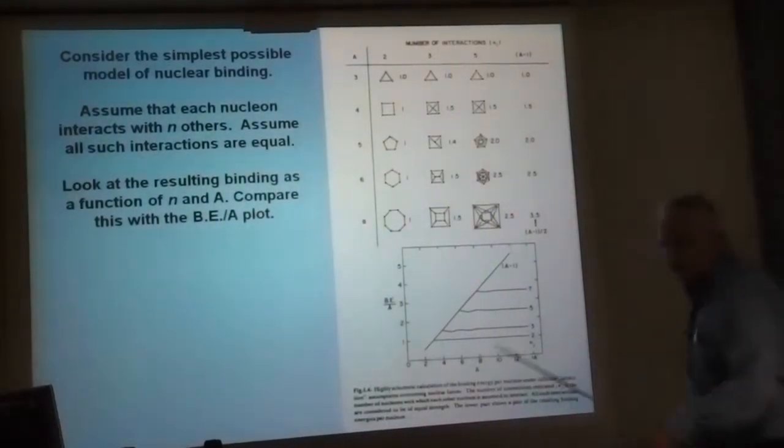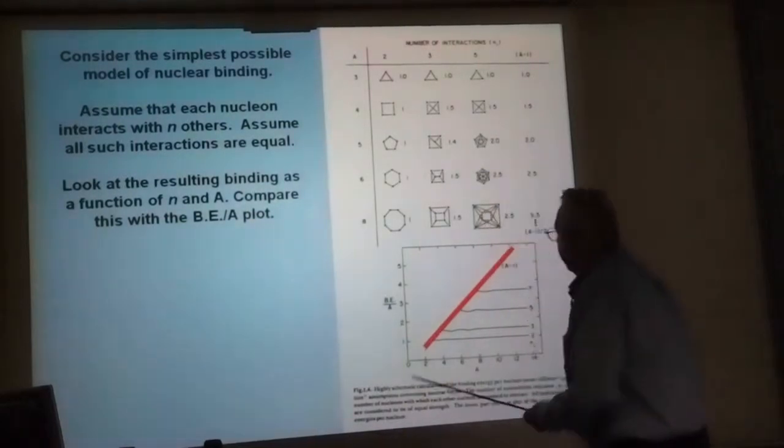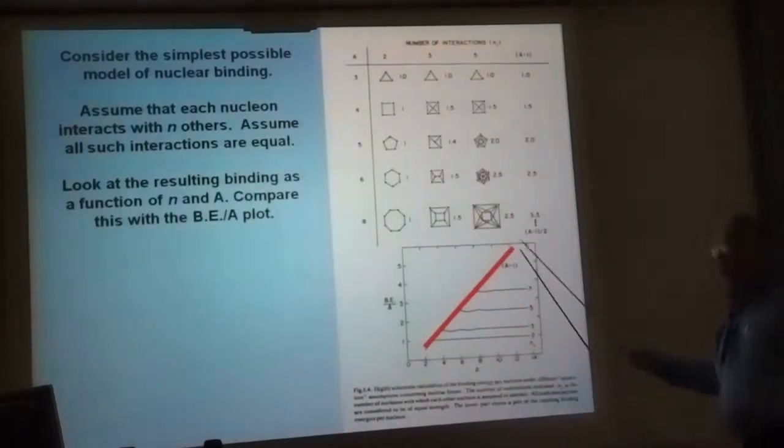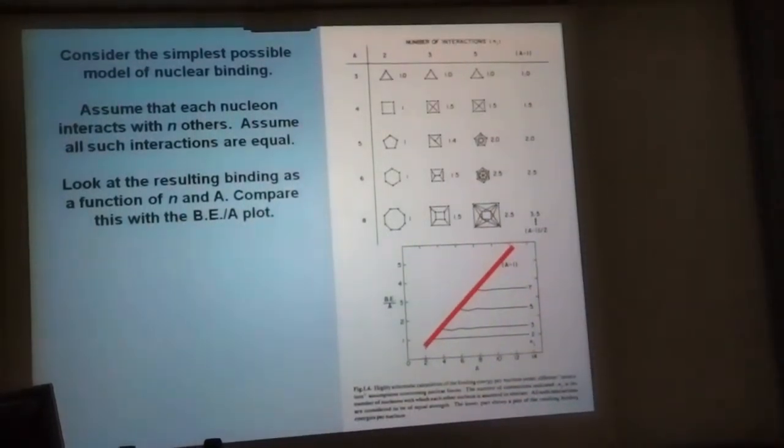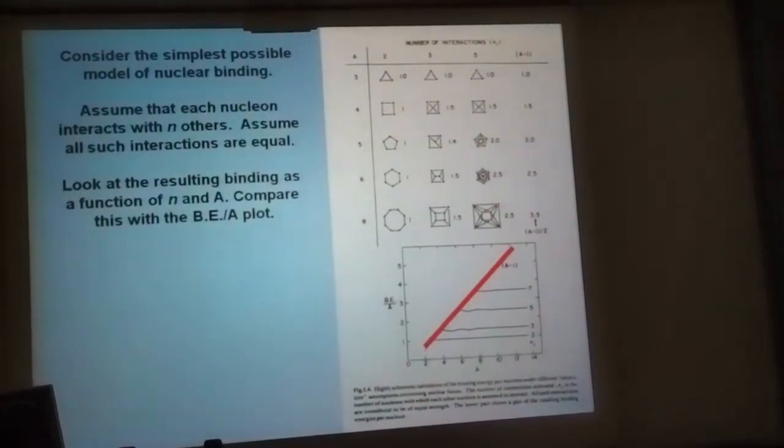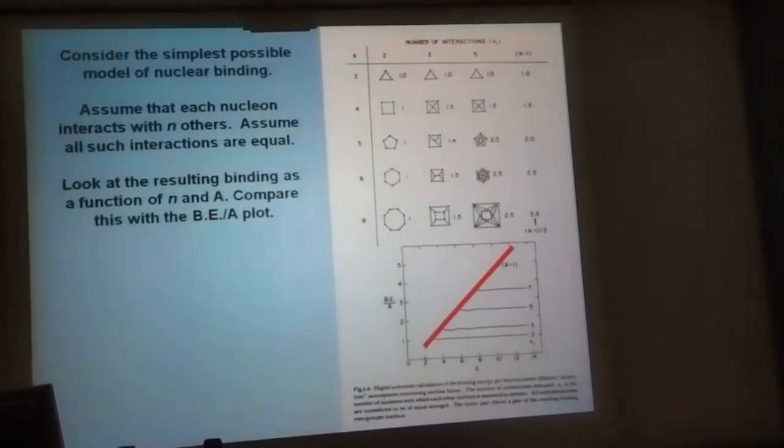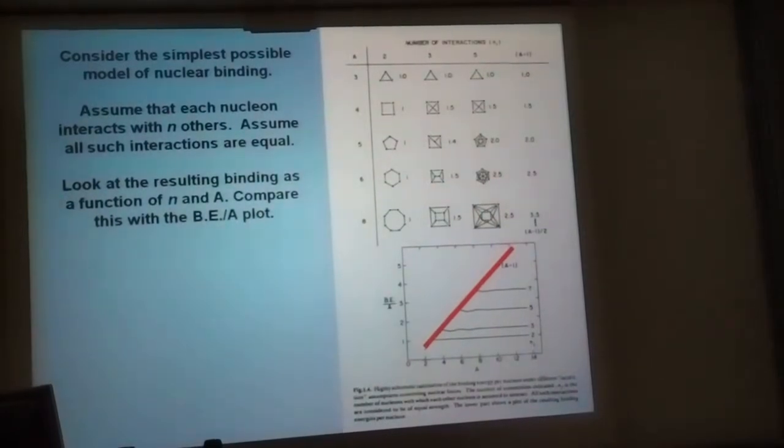So if each nucleon interacts with all others, then the binding energy per nucleon should look like that. Does that look like the plot I showed you? Yes? No? Does it look like any part of the plot? Yes. So maybe there's something to it, but it's not quite right.